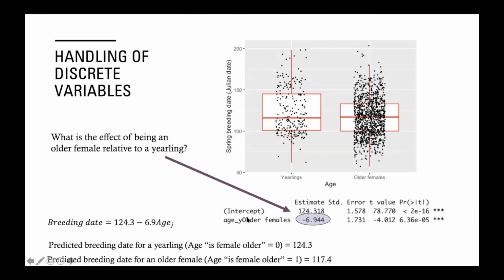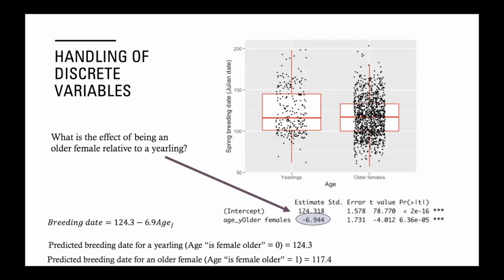And when our categorization, or our answer to this question, are you an older female, is no, and we insert a 0 for this age category, then what we recover is our intercept, which is the average breeding date of yearlings. So we have the average breeding date of yearlings and the effect of being an older female relative to the breeding date of a yearling.